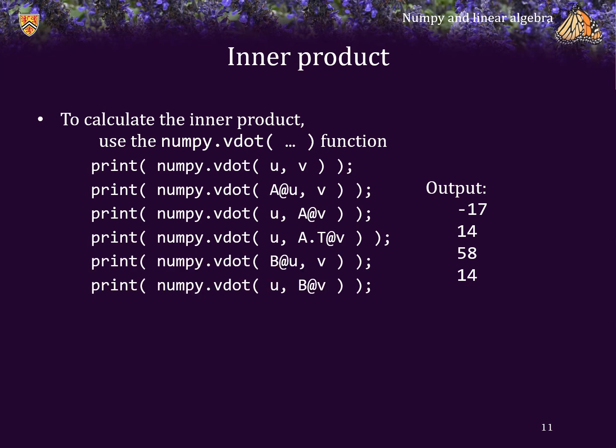Now, the matrix B was symmetric, and therefore self-adjoint, so it doesn't matter whether I apply B to the vector u or to the vector v, the inner product is going to be the same, in this case negative 48.